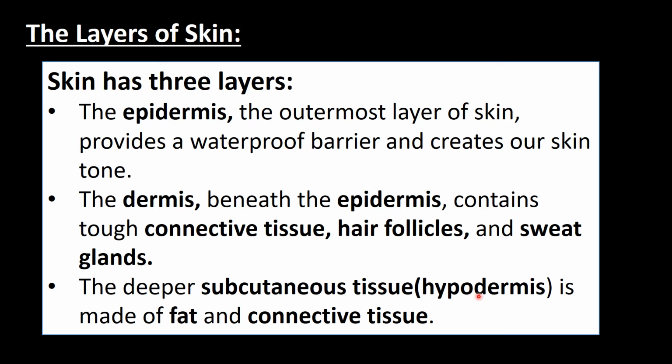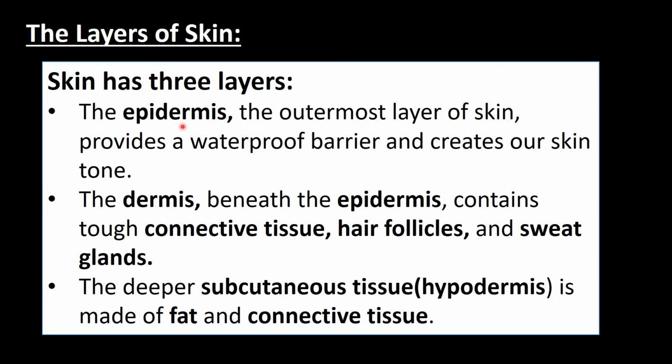Dear students, over here, you must know a very important term related to the skin. That is the word derm or dermis. Derm means skin. Epi means outside. So the outermost layer of the skin is called the epidermis.